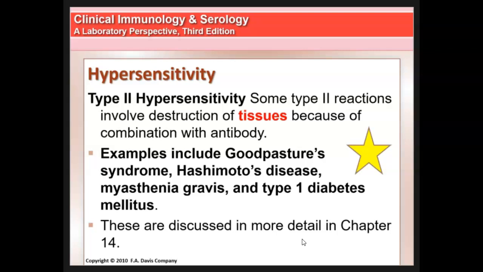Also Hashimoto's disease, which is a thyroid autoimmune disease. Myasthenia gravis, which causes the face to droop. You have an antibody against your acetylcholine receptor. And then type 1 diabetes, and these are discussed later on in the autoimmunity chapter, which is coming up very quickly.